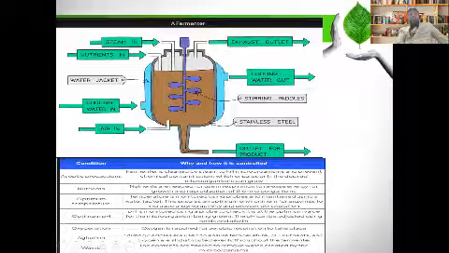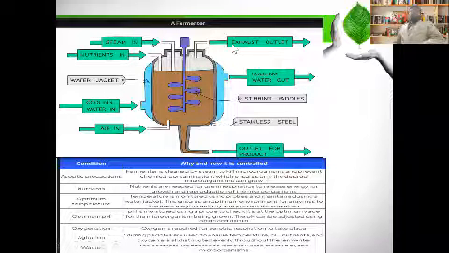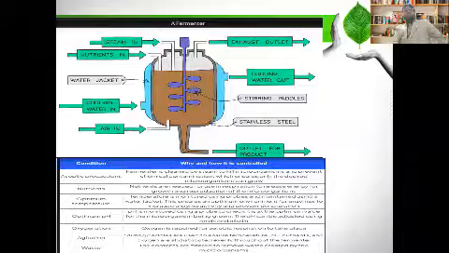Now, the waste materials released by these organisms also have to be separated out. You see here the exhaust outlet in the fermenter, which releases carbon dioxide gas and other waste materials.